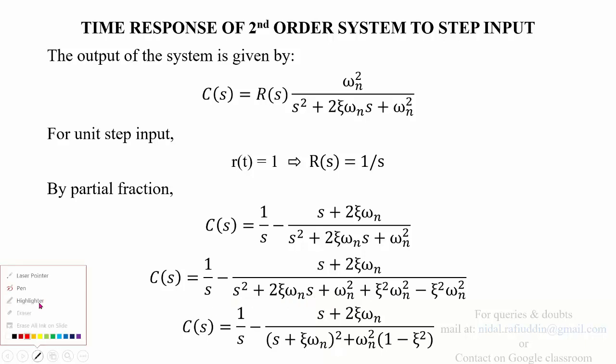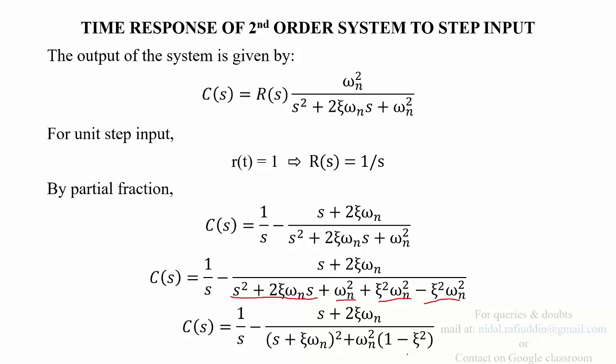So if you are going to talk about this expression, combining these three elements will give you (s plus zeta omega n) whole square. And what I'm now left with is plus omega n square minus zeta square omega n square. And if I take omega n square as common, what I'm left with is omega n square multiplied by 1 minus zeta square.